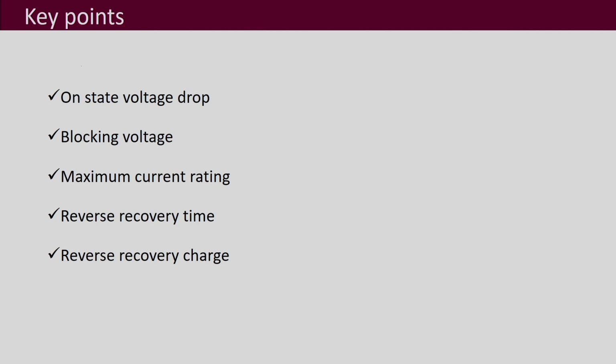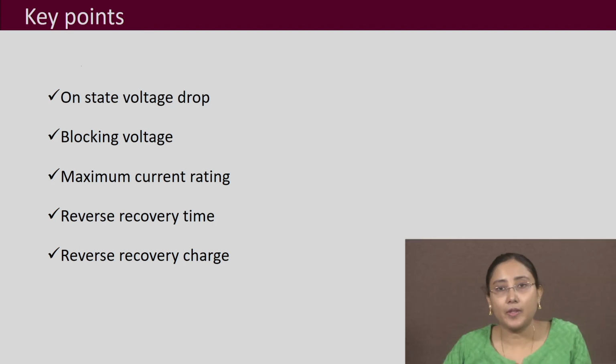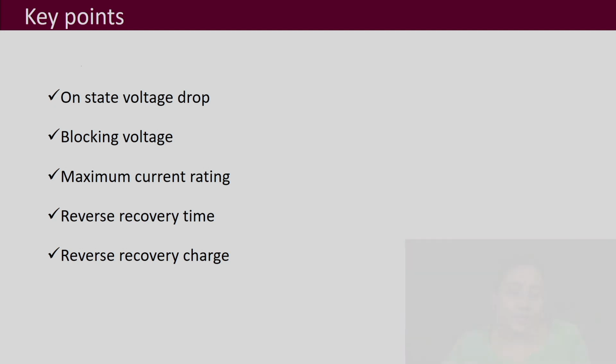So, what are the key points of this lecture? First is the on state voltage drop, the forward voltage drop, that plays an important role in selection of diodes. Then the blocking voltage or the breakdown voltage, that is, the maximum blocking voltage the diode can withstand.